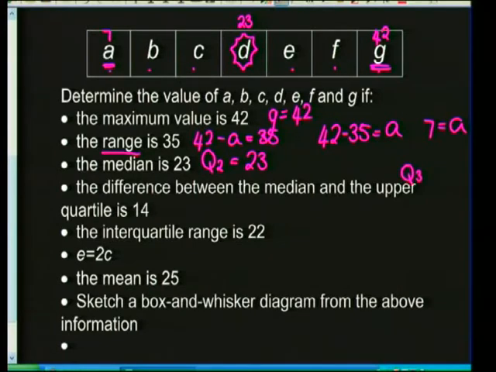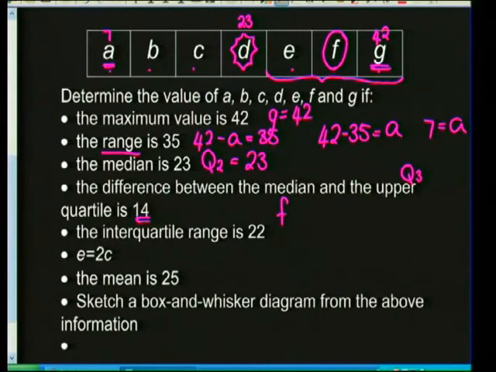Okay. Now let's look at this. This over here would be the upper half of my data. And the halfway mark in that upper half is actually going to be your F. So therefore your F is going to represent your Q3, and they have told us that the difference between your median and your upper quartile is 14.